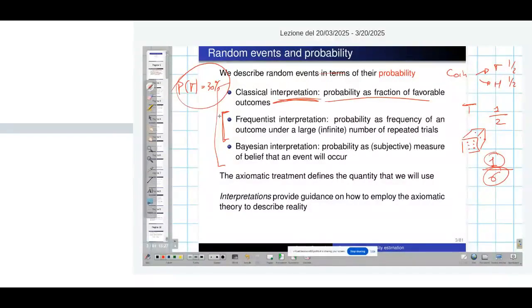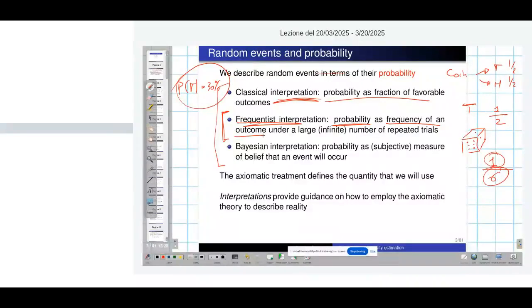The second interpretation, so we will throw the classical interpretation aside. The second interpretation, which extends in some way the classical interpretation and is probably what you are used to from previous courses, is the frequentist interpretation, and it defines the probability as the frequency of an outcome of a repeated experiment.